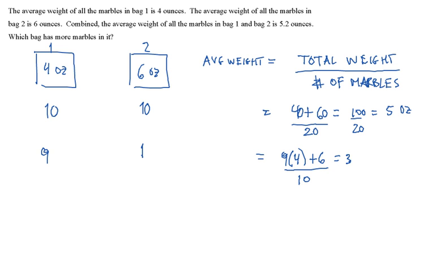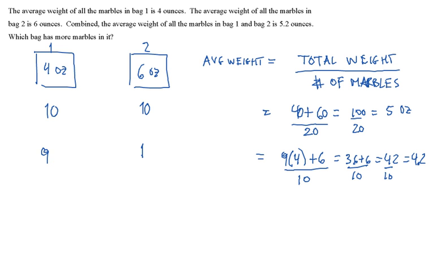This gives us 36 plus 6 over 10. 10 comes from the fact that there's 9 marbles in bag 1 and 1 marble in bag 2, which is 42 divided by 10, or 4.2 ounces.